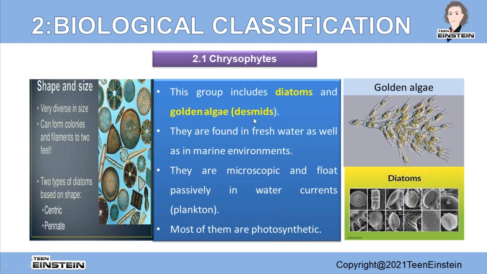And they are found in freshwater as well as marine water. These chrysophytes are present in freshwater and marine water. And they show diversity in size, and they form colonies and filaments. Some filaments are up to 2 meters.